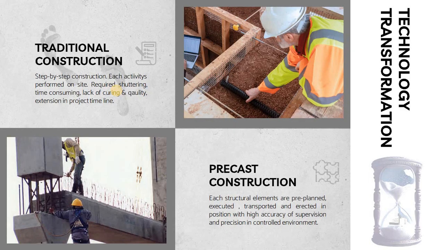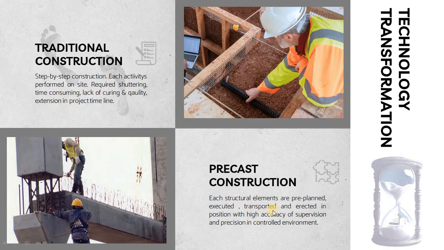Whereas if we talk about the precast construction, this kind of construction is pre-planned, in which each and every element is pre-planned and executed on a timely basis, and then the erection will be done.